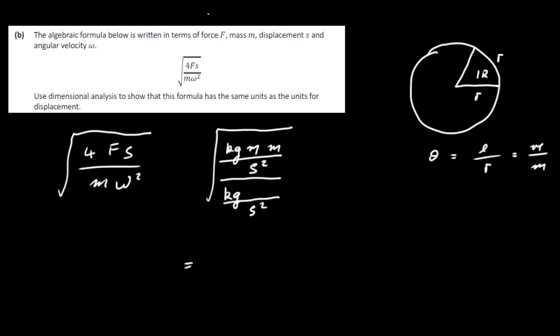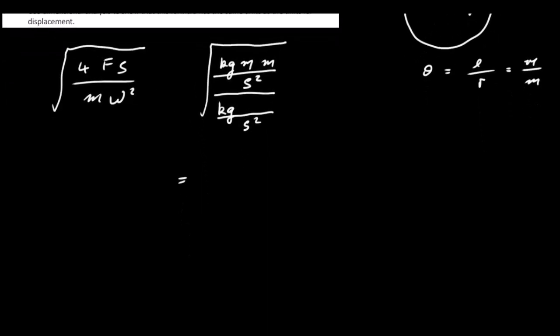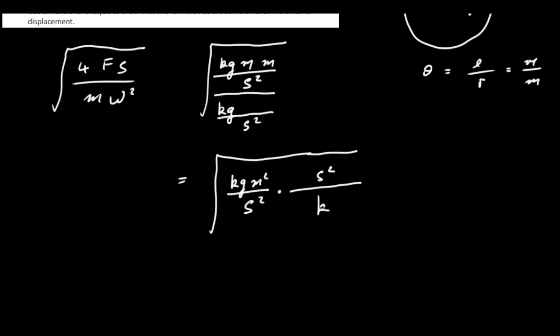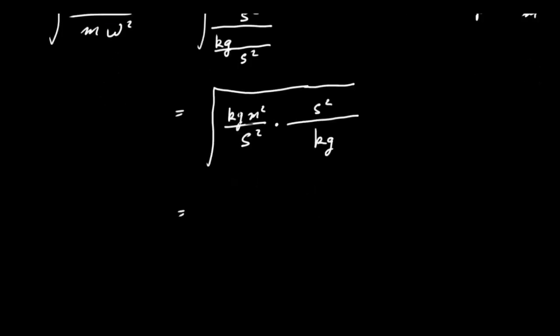Let's just mess around with this and see where we end up. We have the square root of, let's write down the top, so the top is going to be kilograms meters squared over seconds squared. We've got to multiply that by the fraction on the bottom, which is seconds squared divided by kilograms. So if we do all of that, we'll find that the kilograms will cancel, seconds squared will cancel.